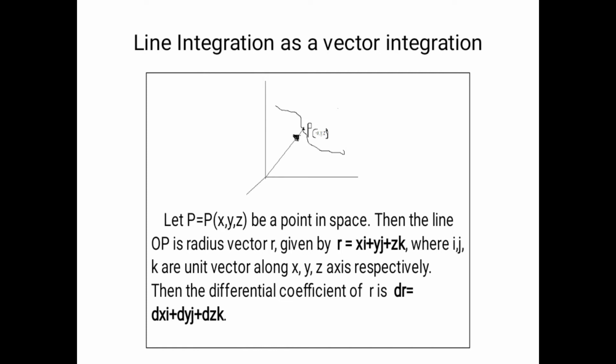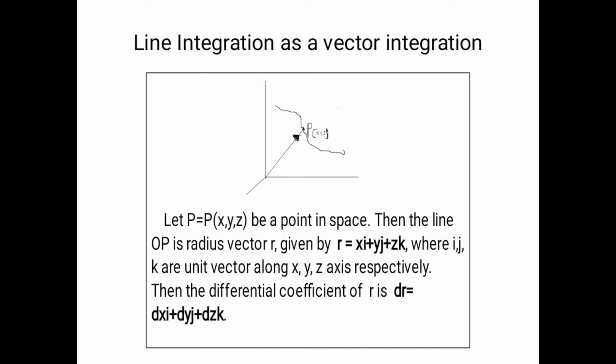So f of r dot dr will denote a scalar function, that is the magnitude of the component of f along the vector dr, and f cross dr will denote the vector perpendicular to both f and dr.